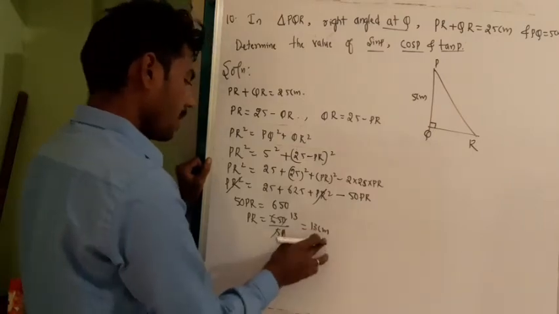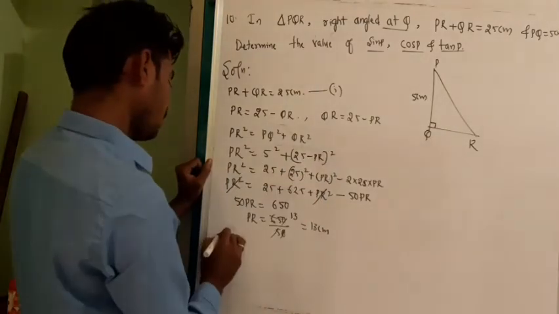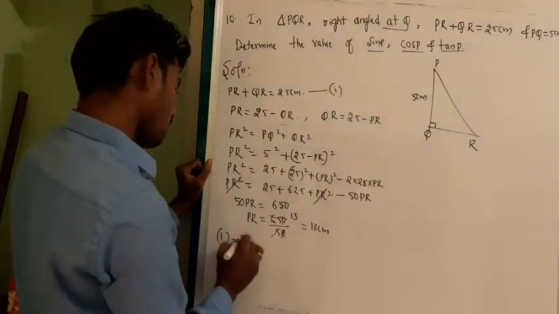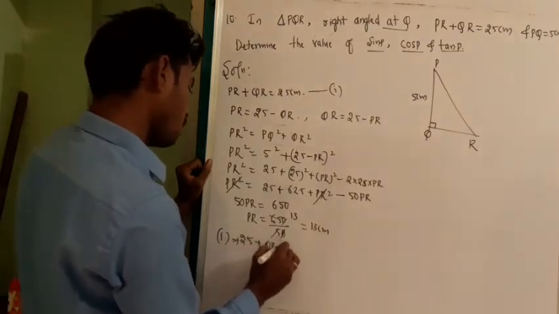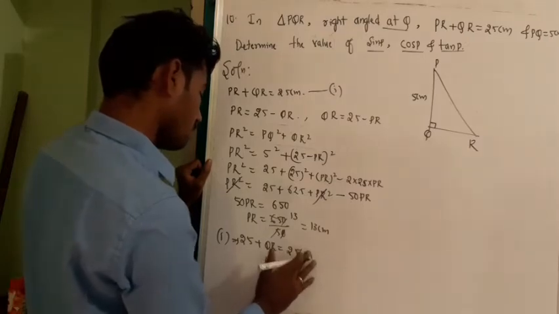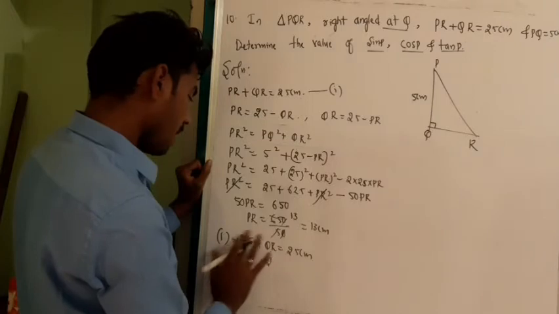So PR is 13 centimeter. If I call it equation 1, PR plus QR is equal to 25 centimeter. PR is nothing but 13 centimeter.